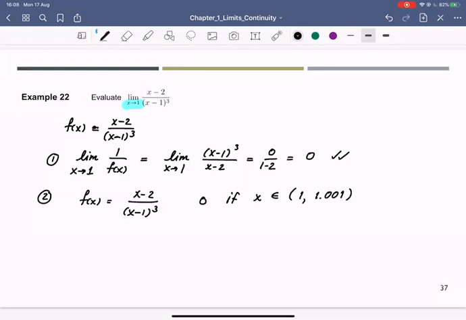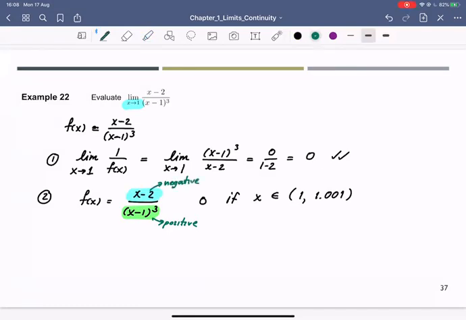If x is a little bit bigger than 1, (x minus 1) cubed is going to be positive, right? And x minus 2 is going to be negative.